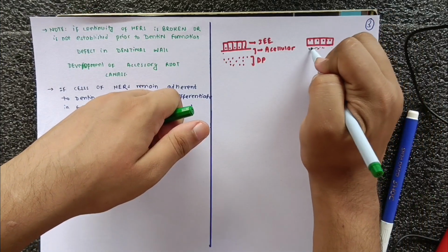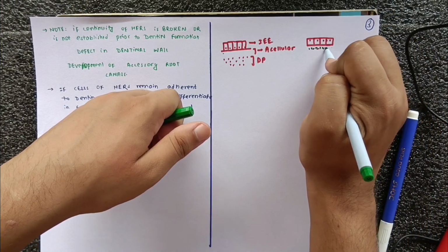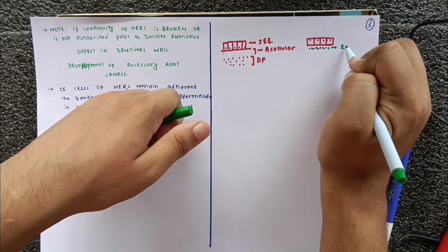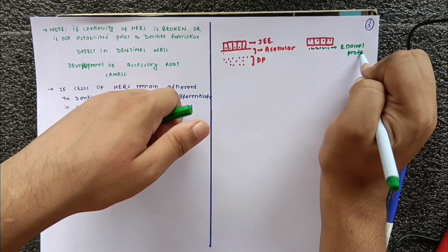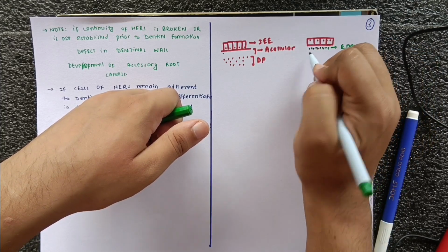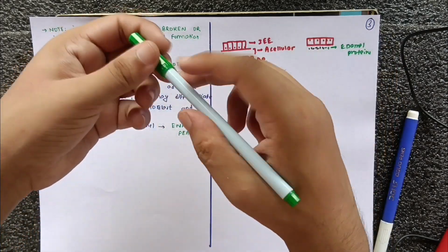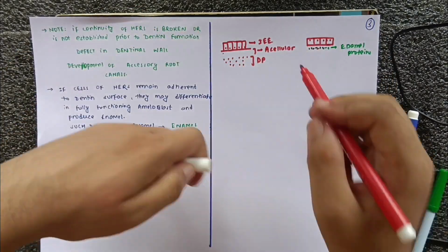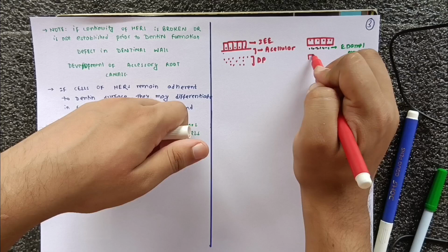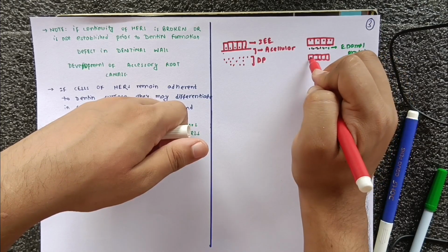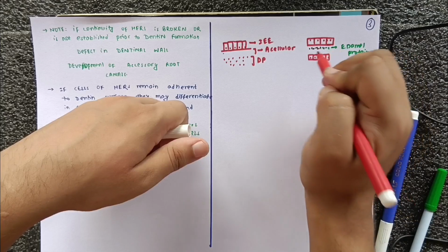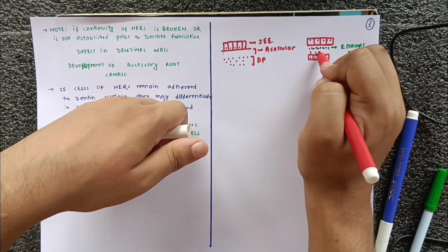Don't get confused, these are the enamel proteins and the growth factors. And after that these are the cells, so there is a formation of the odontoblast. These are the odontoblastic processes here.